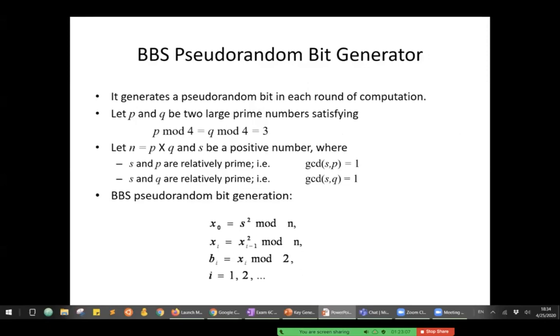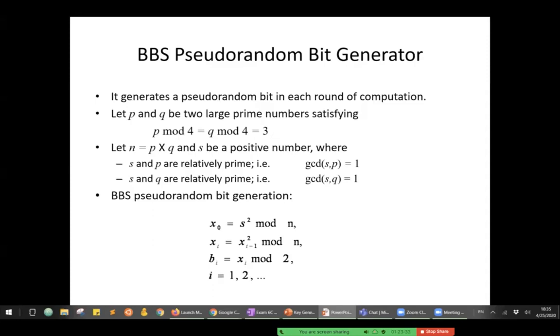The BBS pseudo-random bit generator is done as follows. First, let P and Q be two large prime numbers satisfying the following equality: P modulo 4 is equal to Q modulo 4, which is equal to 3.